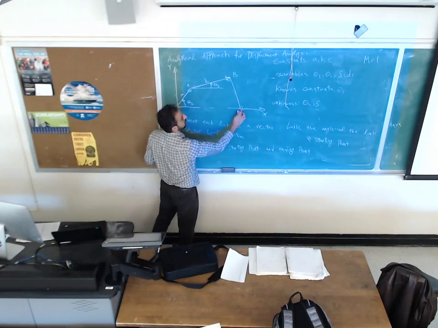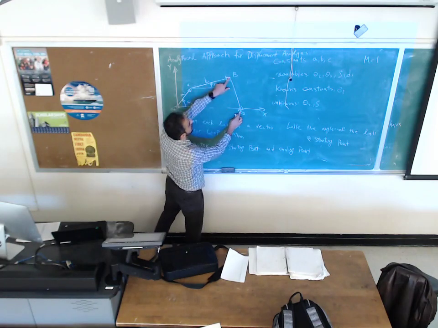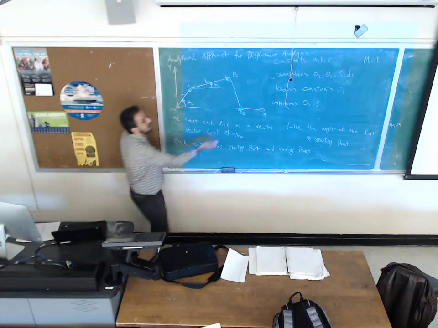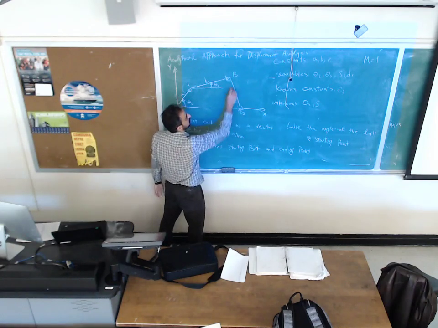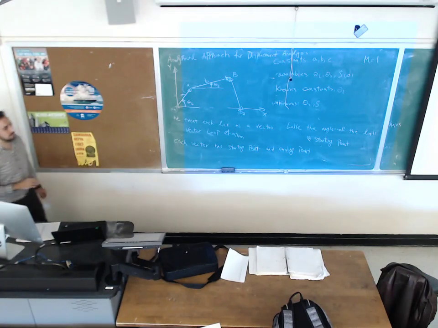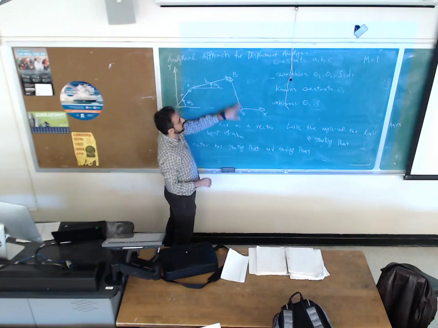For link 4, it has OB and B. Either point can be a starting point. I pick point OB as a starting point and point B as the ending point. This is my selection. Your selection can be different. You can pick this point as the ending point, put the arrow right here.